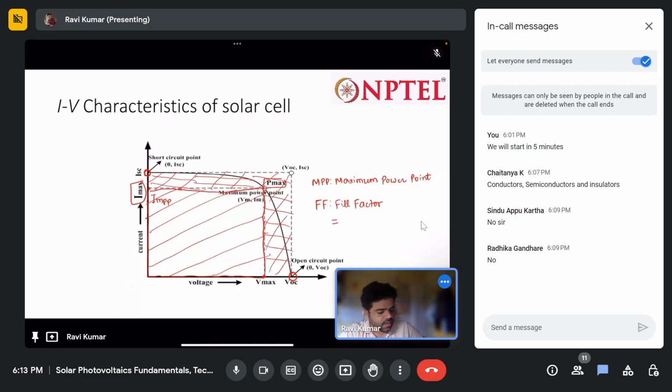This area will be IMPP times VMPP, and the bigger rectangle above will be VOC times ISC.